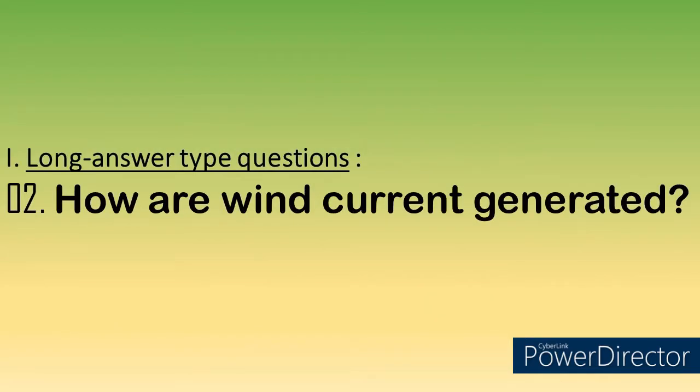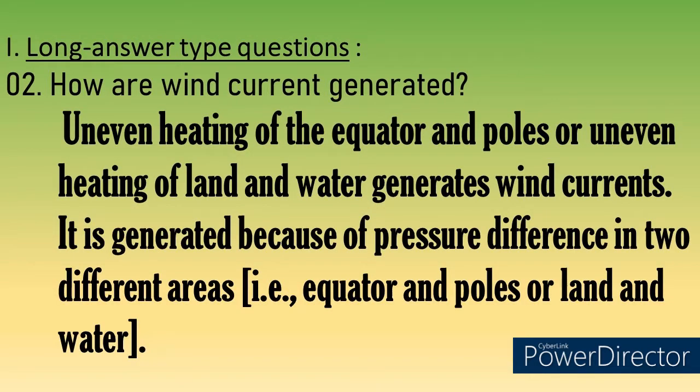The second question is, how are wind currents generated? Uneven heating of the equator and poles, or uneven heating of land and water, generates wind currents. So uneven heating. This full lesson is based on this uneven heating.